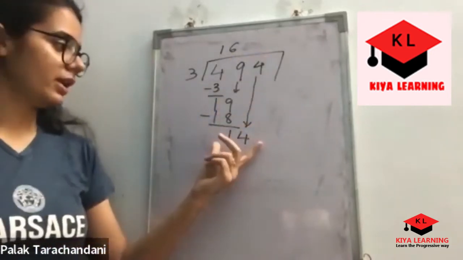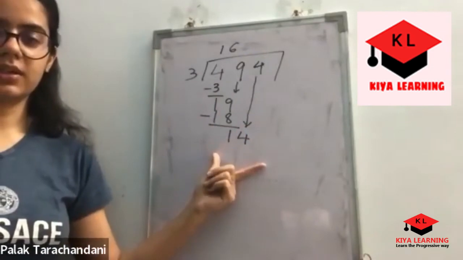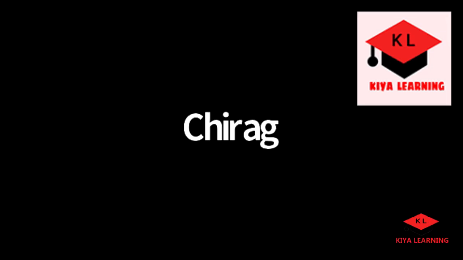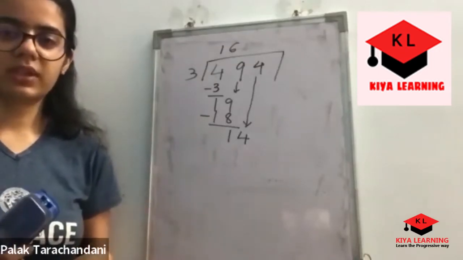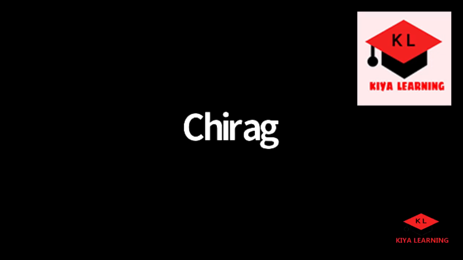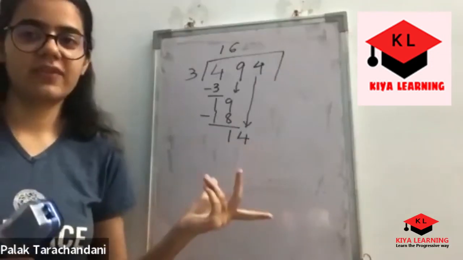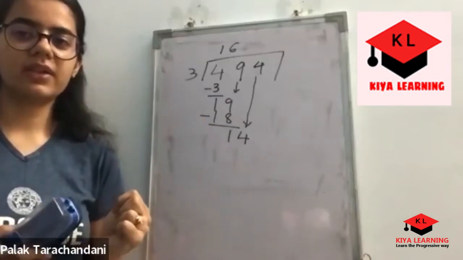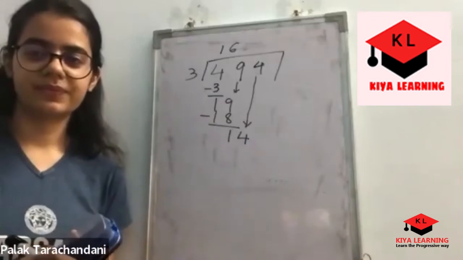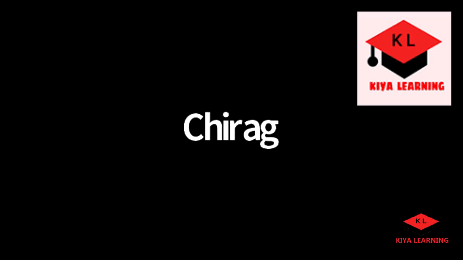So what number can you see here? 14. So you have to divide 14 by 3. Is that possible? No. Why? 14 is a bigger number, no? We can divide by 3. Can you tell me which number should we choose while dividing? 3 multiplied by 4.